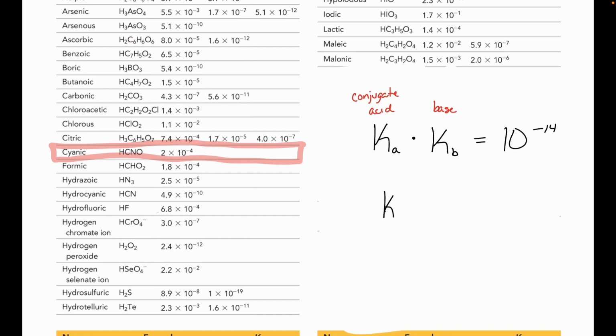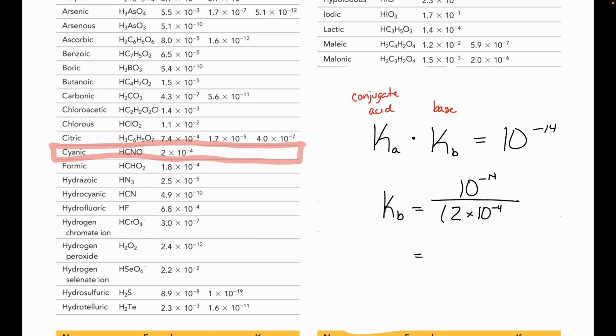All right, so my Kb is that 10 to the negative 14 divided by 2 times 10 to the negative 4. Everybody take a second and do this. Follow along with your calculator here. Importantly, one very easy way to screw this up is whenever you're dividing by a number in scientific notation, what am I going to have to do when I punch this into my calculator?